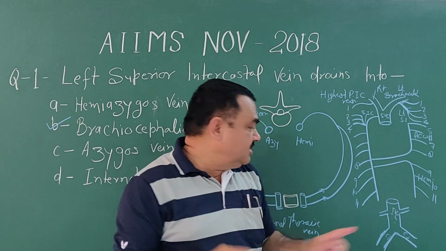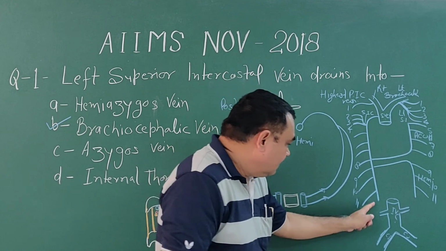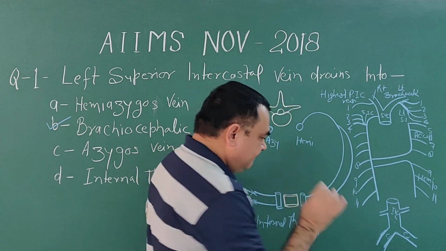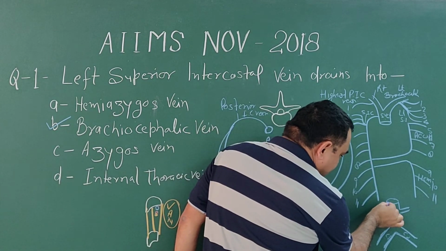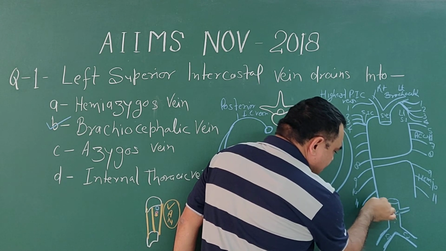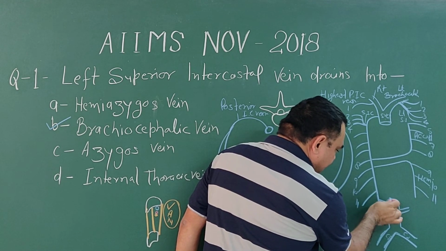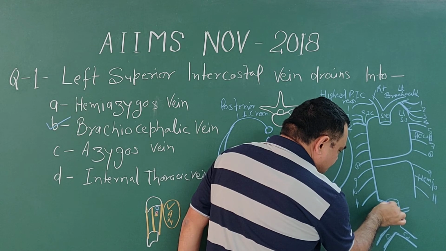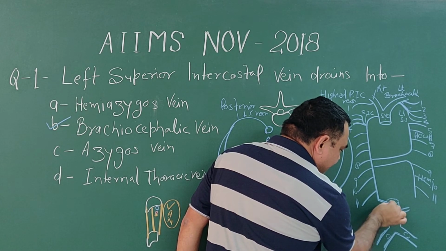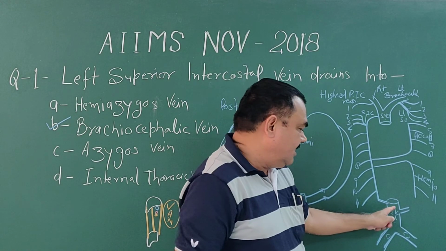Now, how are these veins formed? This azygous vein is formed by, here you can see, this is the lumbar azygous. It is connected with the inferior vena cava.